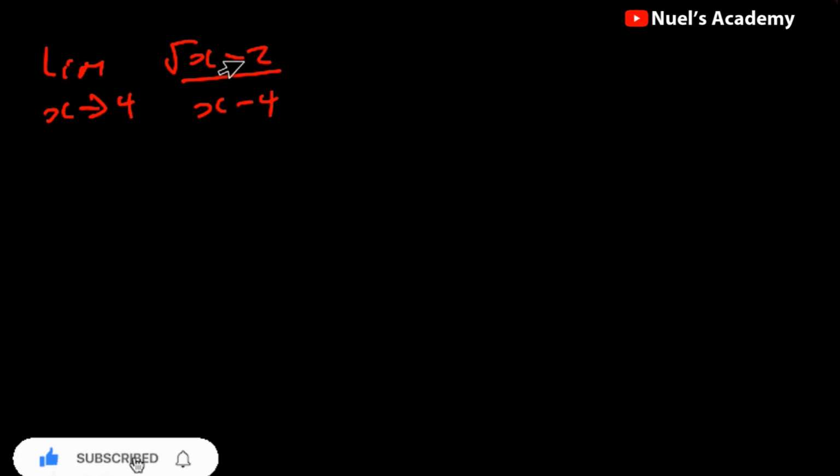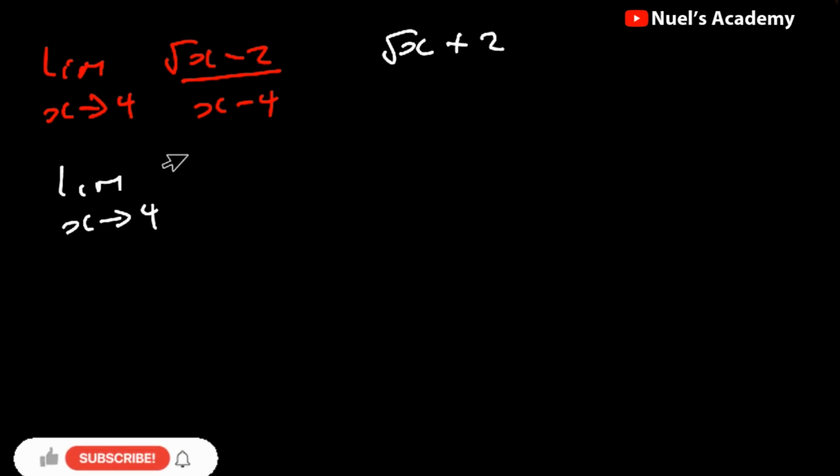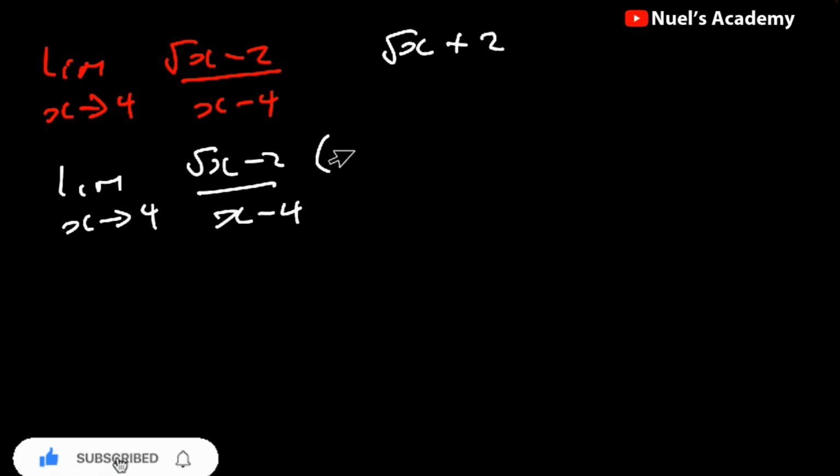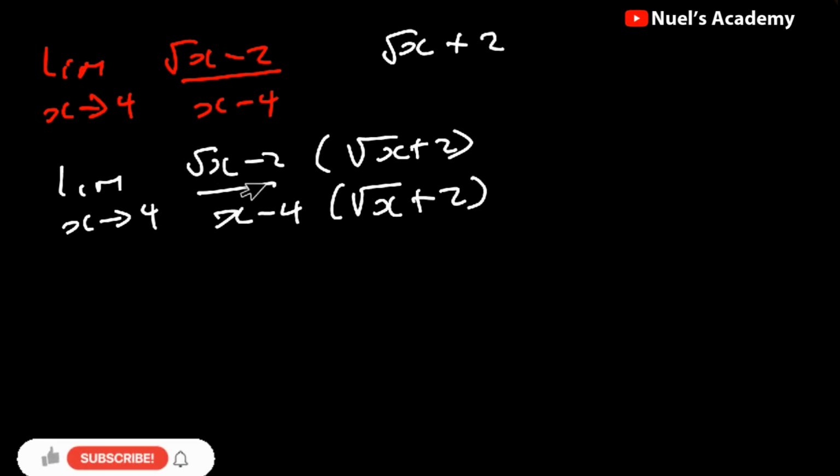Right here, the conjugate of root x minus 2 is equal to root x plus 2. So we write limit as x approaches 4, then we have root x minus 2 over x minus 4. Let's multiply both the numerator and the denominator by the conjugate, which is root x plus 2, and then root x plus 2.